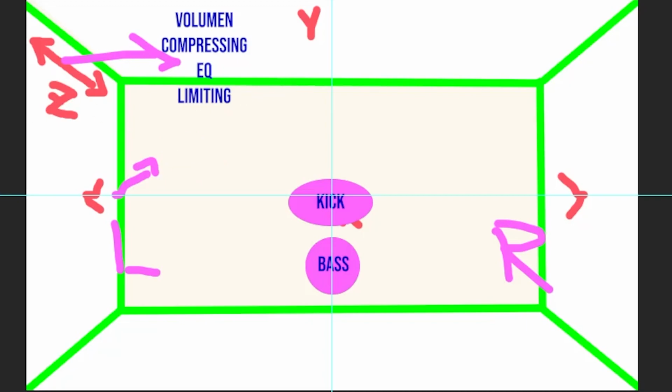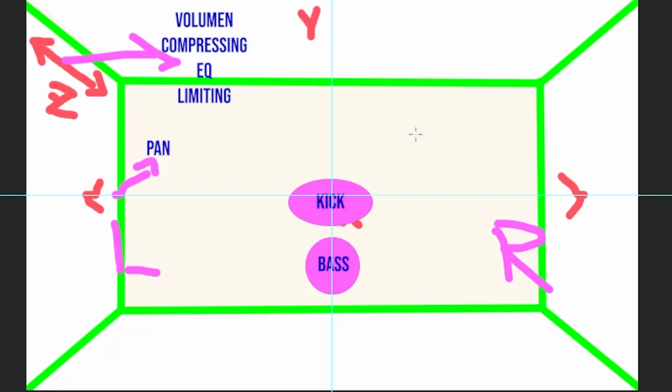Let's do it like this better. Pan, left or right. And then you can do it from the channel, from the utility, from the plugin, wherever. And yeah, basically that.